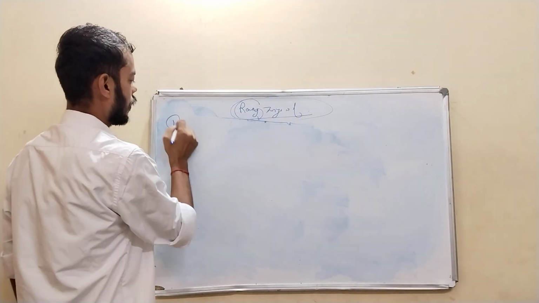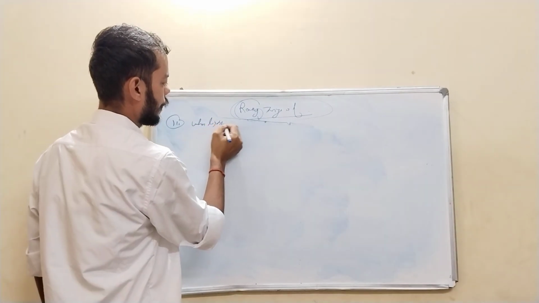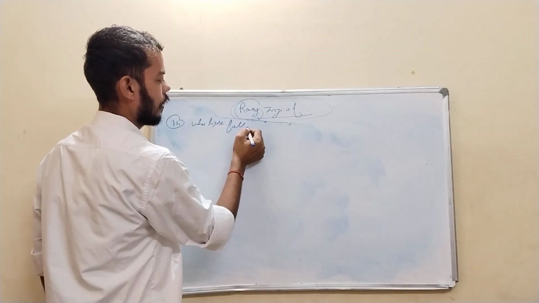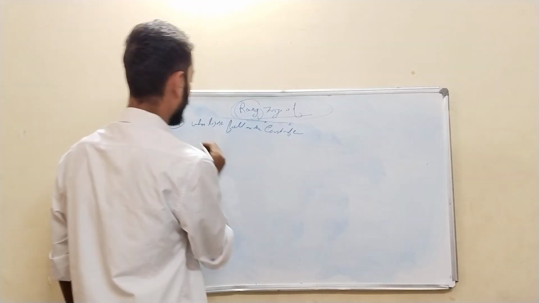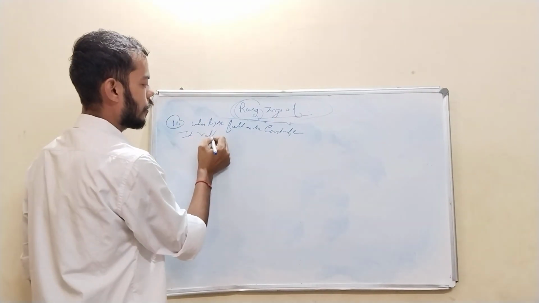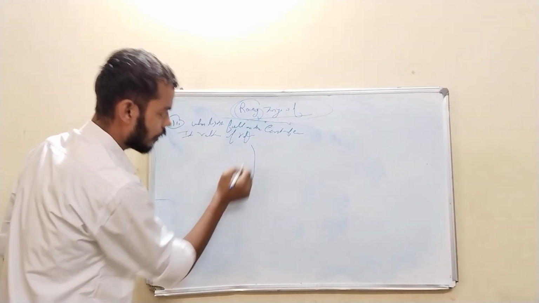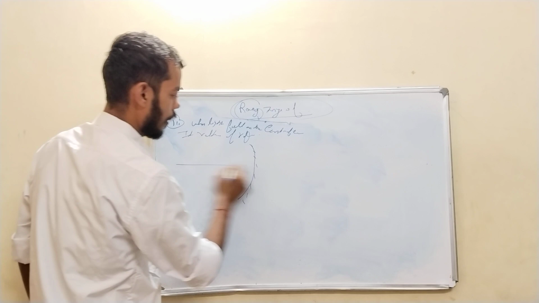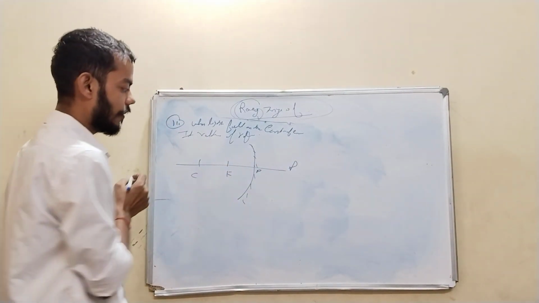The third rule says that when a light ray falls on the center of curvature of the mirror, it retraces its path after reflection. So this is the concave mirror, this is the principal axis, this is the pole, this is the focus, and this is the center of curvature.